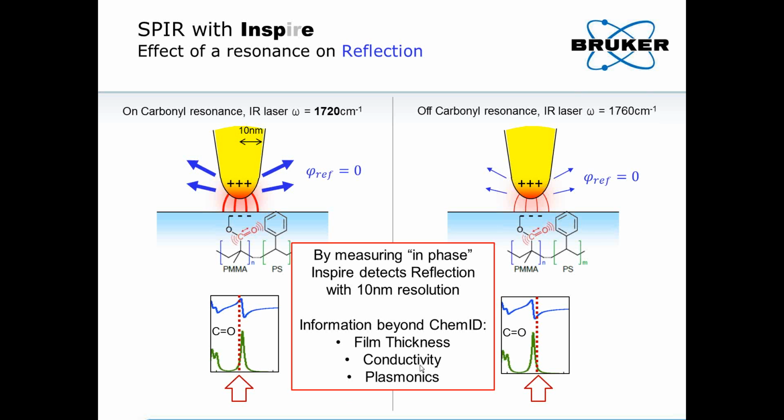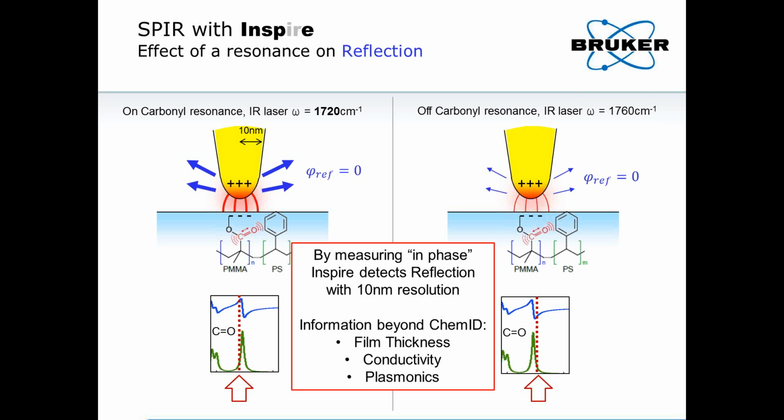You can learn something about your material's conductivity, because the reflection is sensitive to the density of carriers in the material. And you can also study plasmonics, because the infrared radiation is confined to this near-field gap, which is only 10 by 10 nanometers.